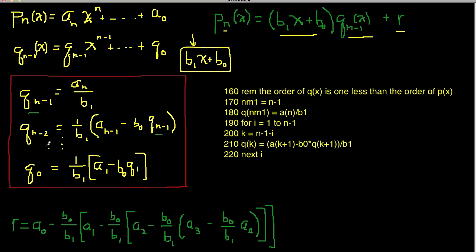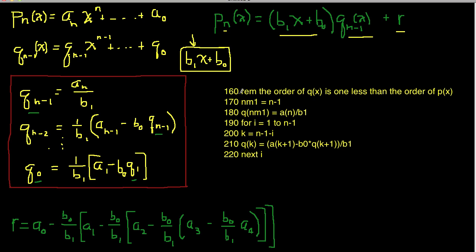We keep going all the way down until we finally get the constant coefficient for the polynomial q, which is given by this expression. So I want to now write computer code that I can insert in my program that will execute these computations. I have some sample computer code right here on the right. Let's look and see what this is doing.